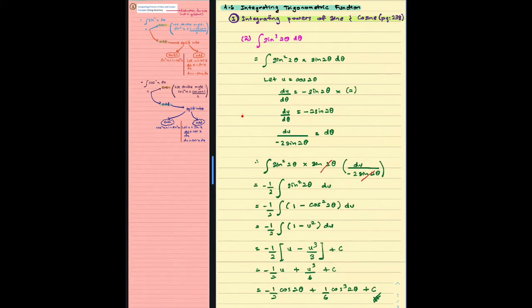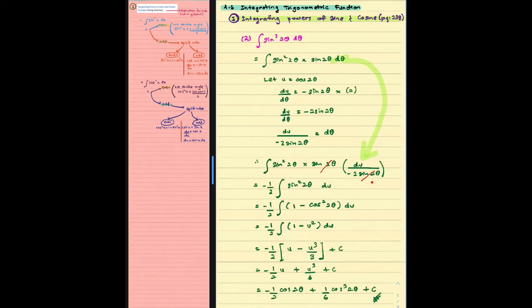From the given question, sine squared 2 theta multiplied by sine 2 theta d theta. Here, d theta is equal to du over negative 2 sine 2 theta.